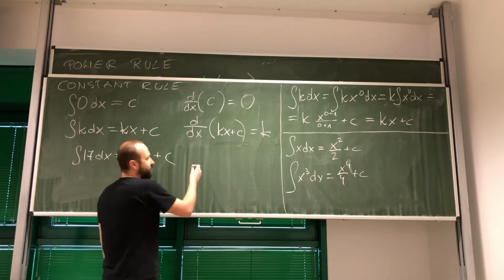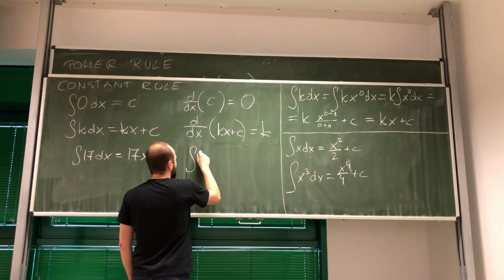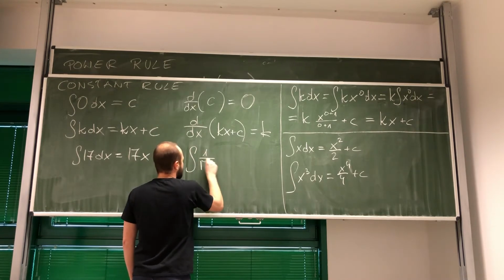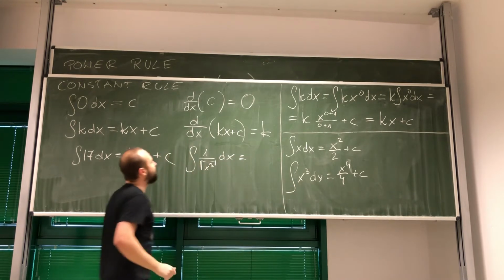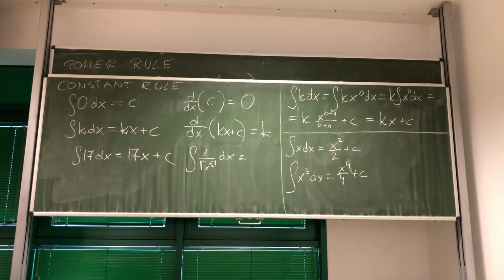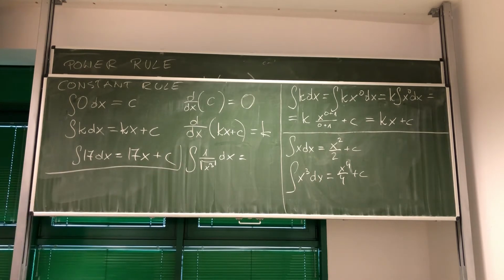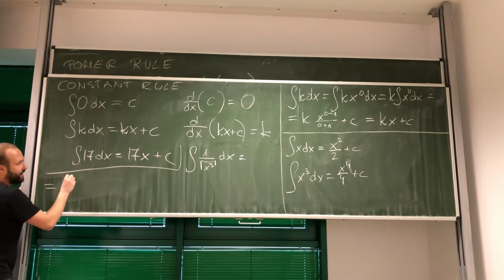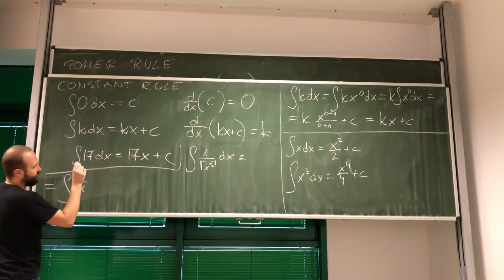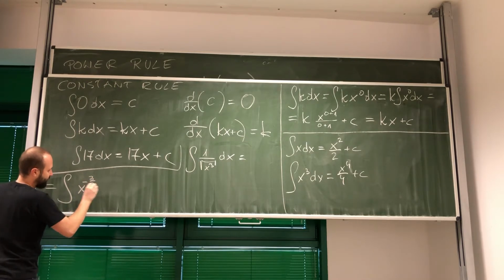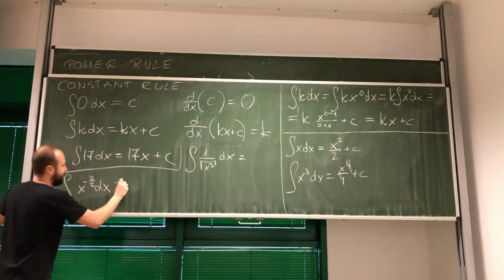So if I have, for example, an expression like integral of 1 over square root of x to the power of 3 dx, I'm still able to deal with this case using the same rule, right? First, I can rewrite this as x to the power -3 over 2 dx. And what am I getting out of it?